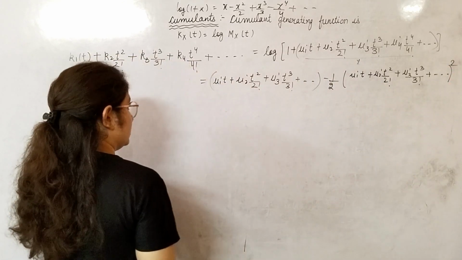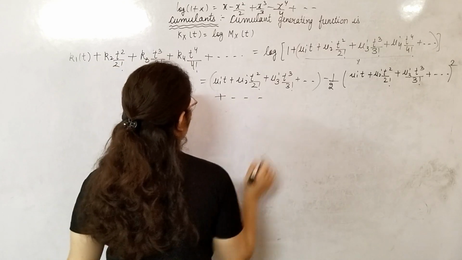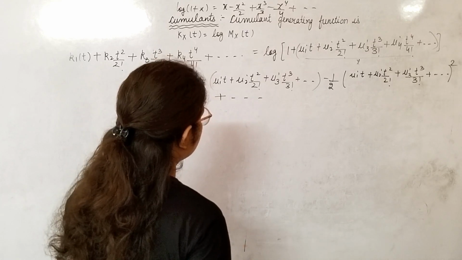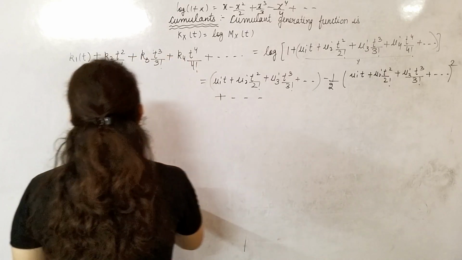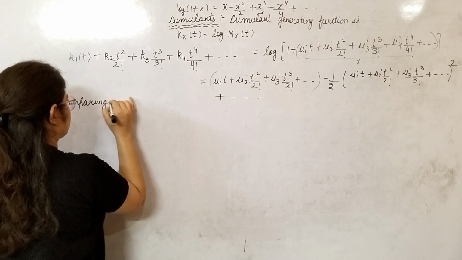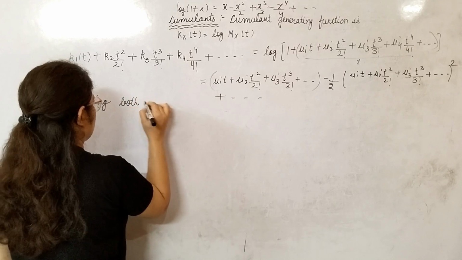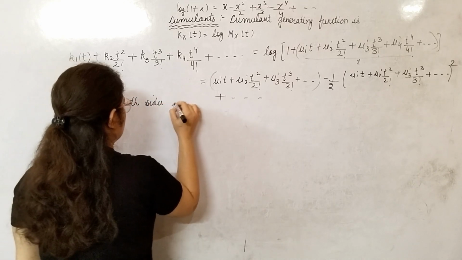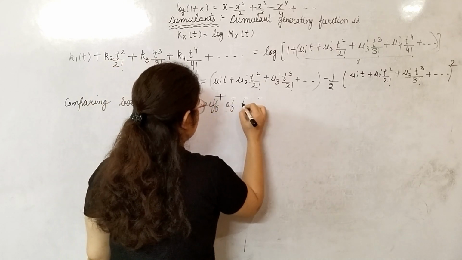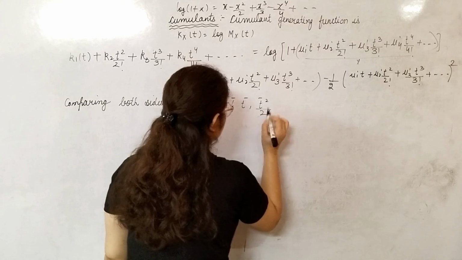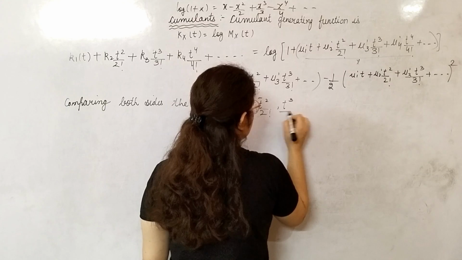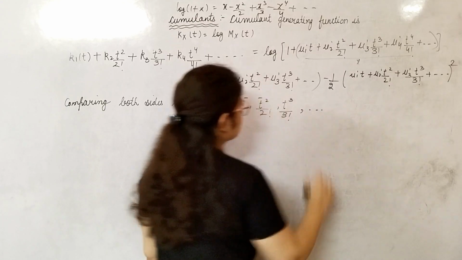Okay, and so on. So just compare. You will have mu1 dash t. Now comparing both sides the coefficients of t, t square by 2 factorial, t cube by 3 factorial and so on.